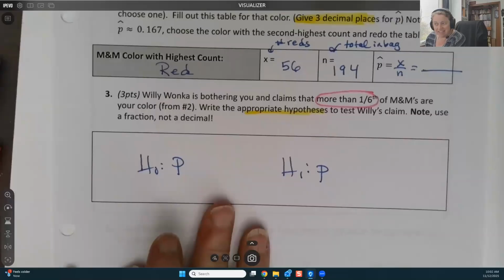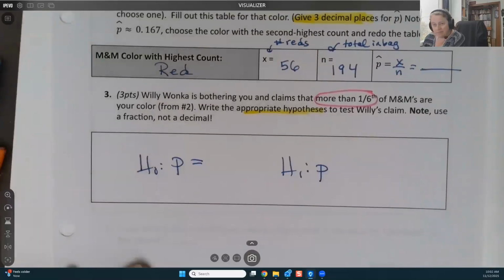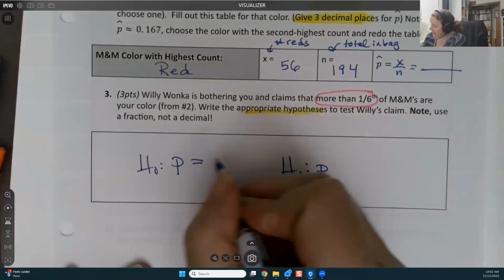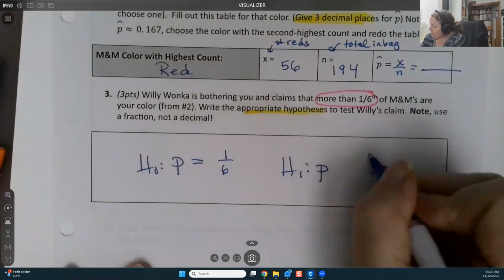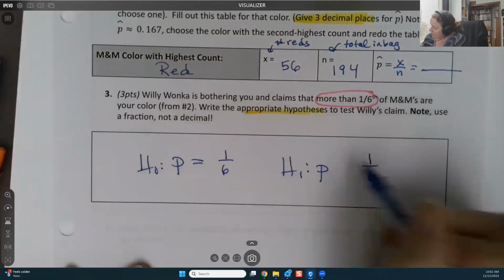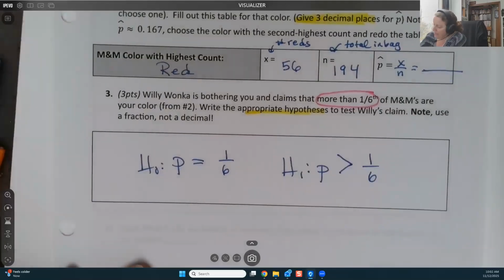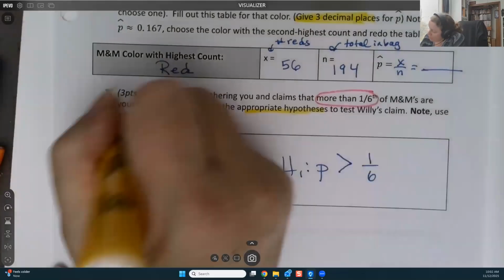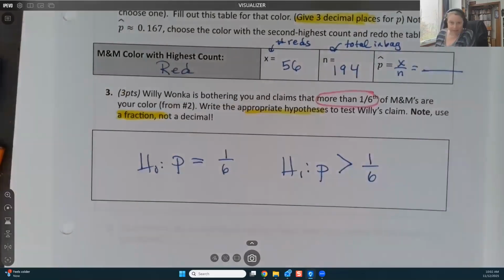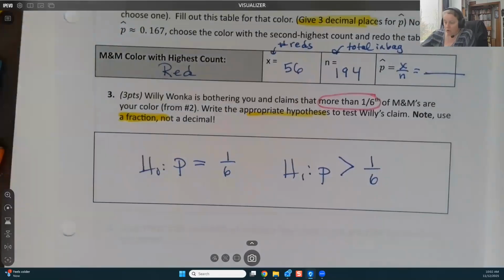So it's P equals what? Yes, exactly, 1/6, and he says more than. It tells you right here, use the fraction, not the decimal. Don't switch it.